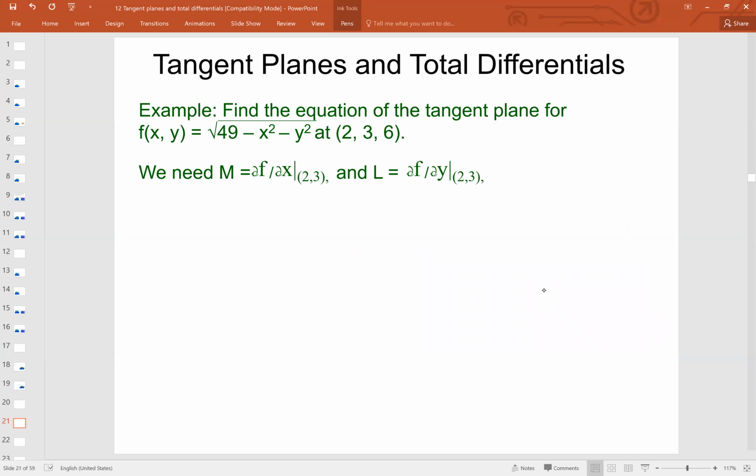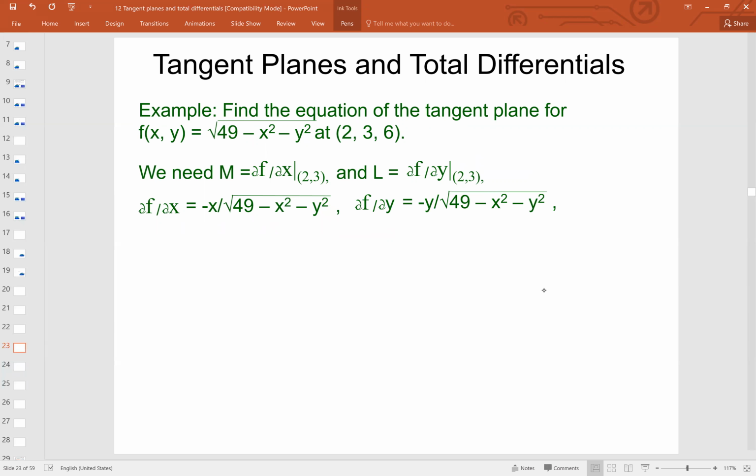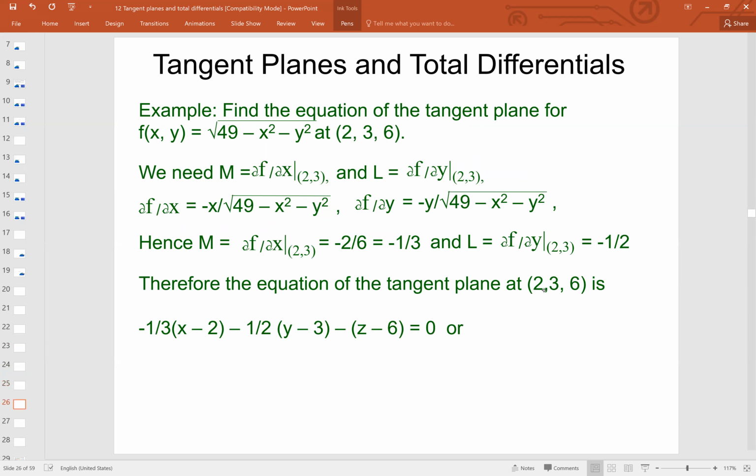Here's an example. We calculate the derivatives in the x direction, partial x, and partial y, and substitute the point (2, 3, 6), so we get the numbers for m and L. Then we cross them. We already did m and L, so we just put those into the formula at the base point (2, 3, 6), and that's the equation.